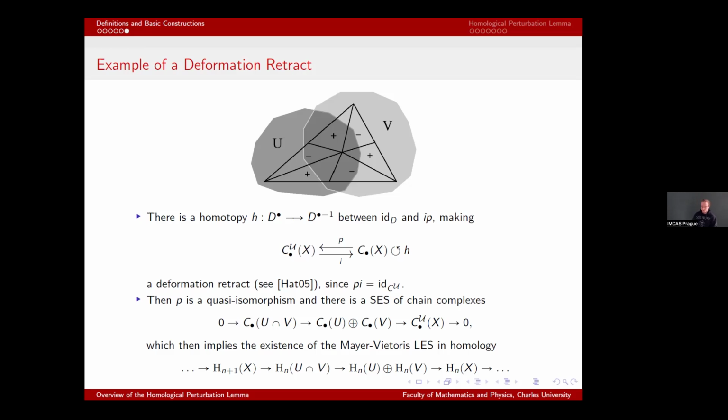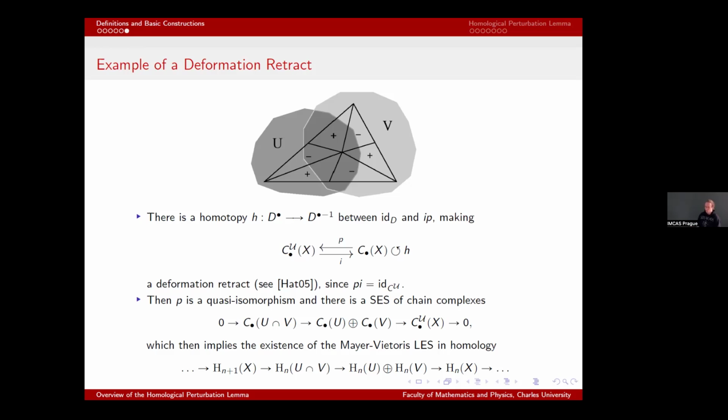This is a short exact sequence. And because this one is quasi-isomorphic to this chain complex, I can write the actual homologies of this chain complex in this induced long exact sequence.